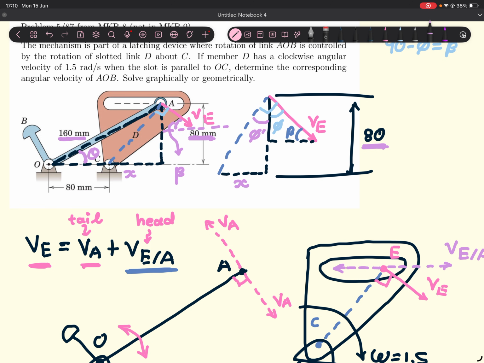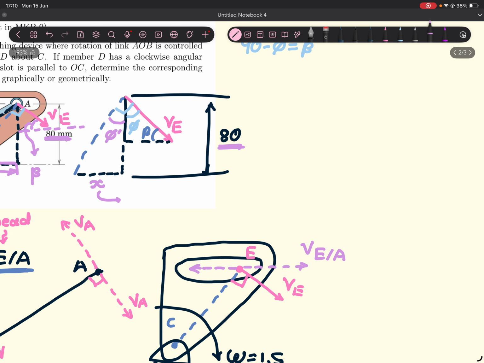And then 160 cos theta will give me this entire length, right? And then 80 minus that will give me just this portion. So this 80 minus the entire length will leave me with this portion, which I've labeled as x.